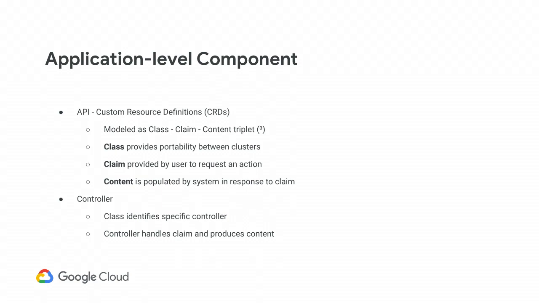And class usually is provided by Kubernetes administrators. The next one is a claim, which is provided by the user, and actually it's a request for action, like take a snapshot, create a backup. And the content is the actual result of the controller processing the claim. So like, the snapshot was taken, and here is the snapshot ID.